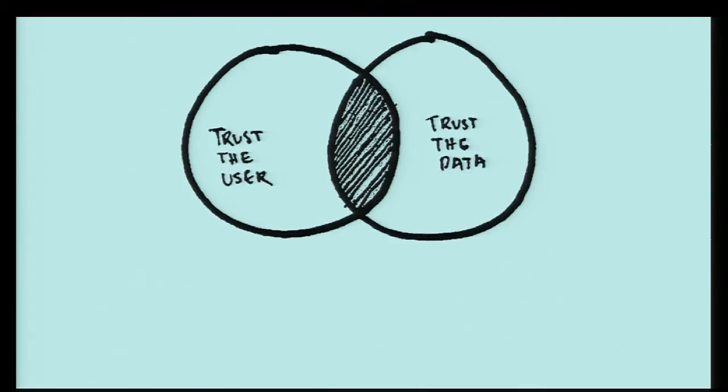I've talked a lot about the need to trust the user, but obviously equally important is the ability to trust the data and trust what people are generating. Because at the intersection of these two, between being able to trust the user and trust the data, you can begin to trust the hunch. And if you can trust the hunch, you can take action on it and you can actually create change out in the world.